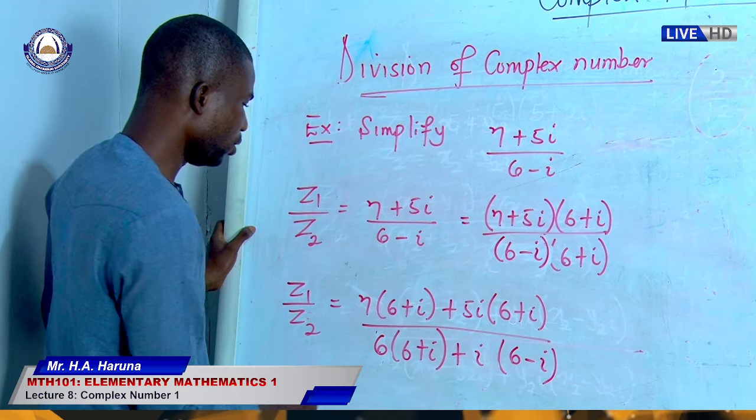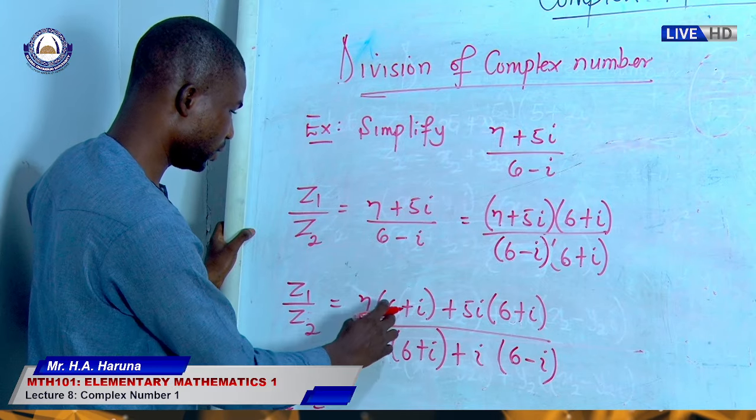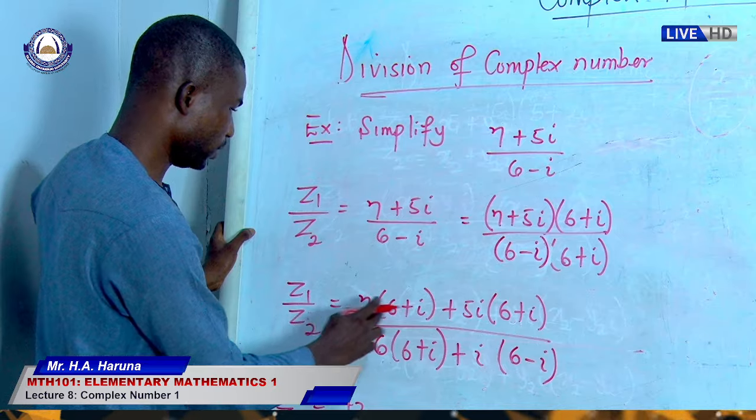That's the distribution. Okay, z1 over z2 equals 7 times 6, this is equal to 42, 7i.